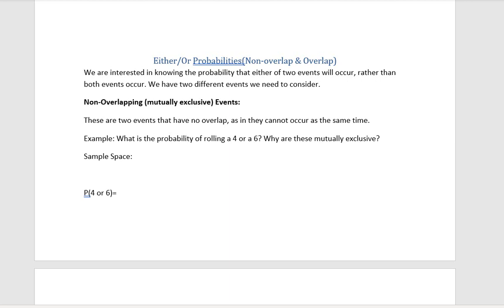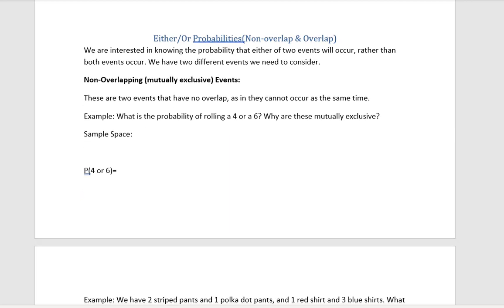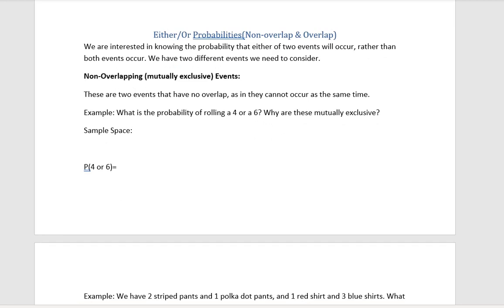If you bring me cookies and ice cream, oh my gosh, I'm over the moon. So, first of all, we're going to look at non-overlapping or mutually exclusive events. So you can think of this as you can't buy both at the same time. So let's say that you only had enough money to buy me cookies or ice cream. That means that I couldn't get both, which bums me out just thinking about it, but whatever.